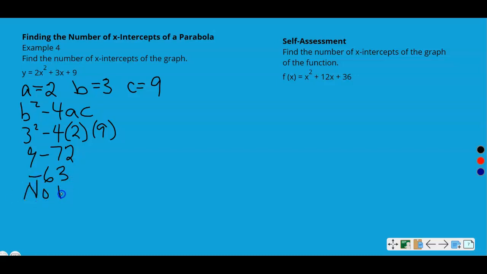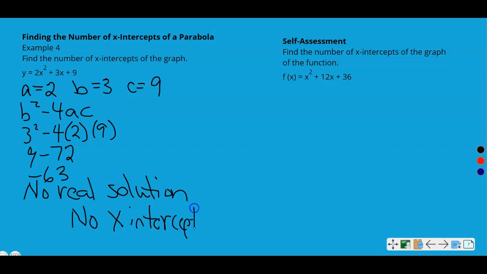There are no real solutions, which means there are no x-intercepts. So the discriminant can tell you how many real solutions there are, which also determines how many x-intercepts there are.